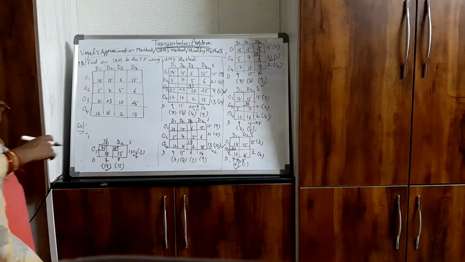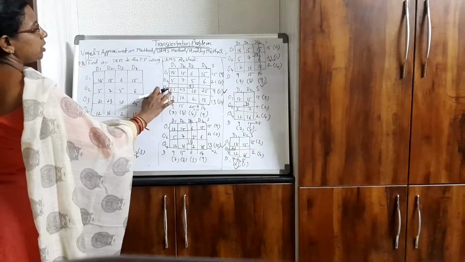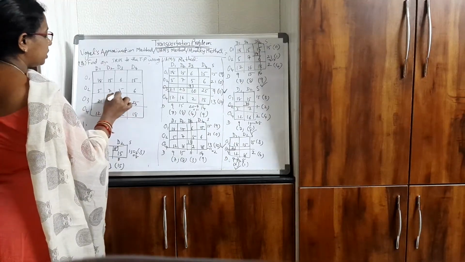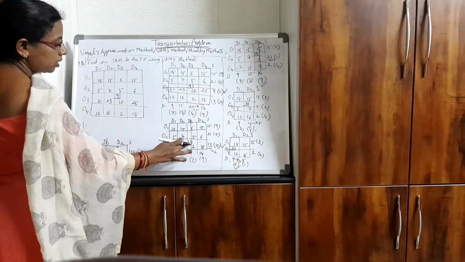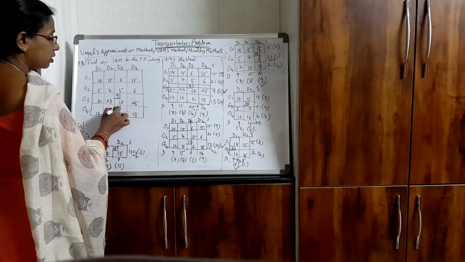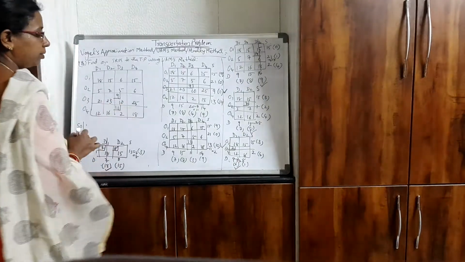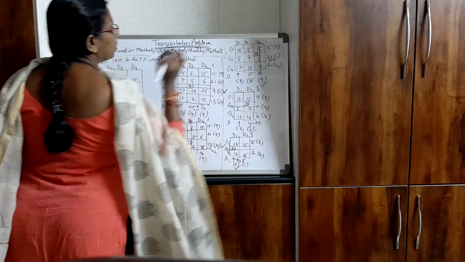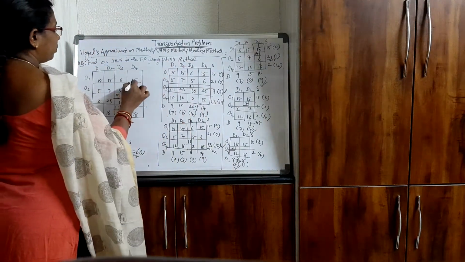Now start the allocation. First allocation is at O3, D3. O3, D3 is here. So it is 9. Second allocation is here. That is at O4 and D3. O4, D3 is here. So this is 11. Third allocation is at O2, D4. So O2, D4 is here.